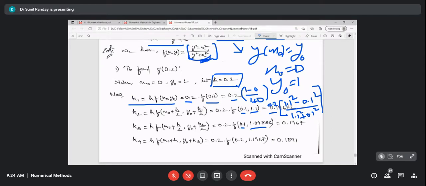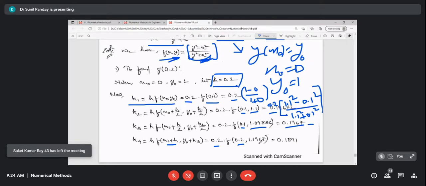And then again we use the definition of f of x, y, and after multiplication we have 0.1967 as the value. Then we calculate k4, h f of (x naught plus h, y naught plus k3), and this h is 0.2, because here x naught plus h is there in k4, and y naught plus k3.